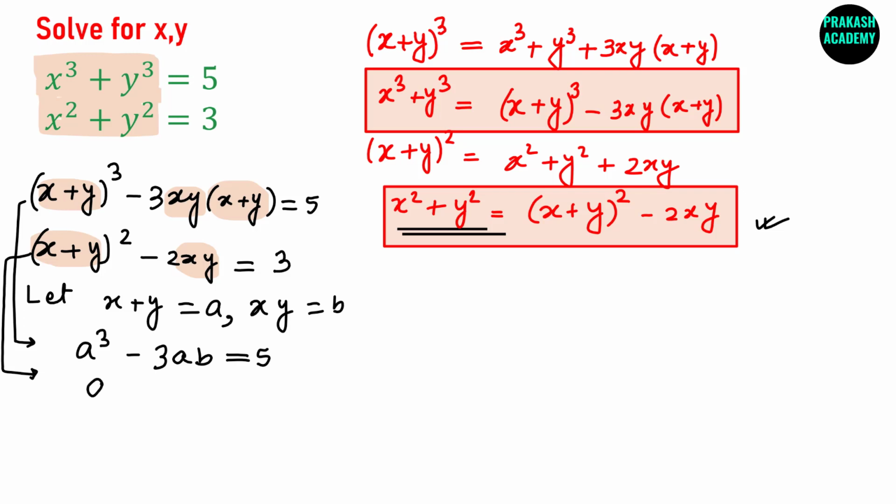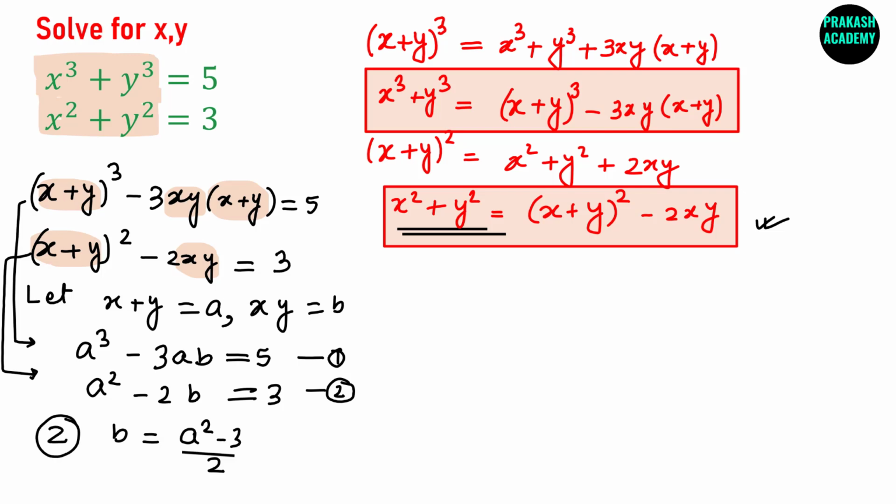This will become a square minus 2b is equal to 3. So now I have two equations and two unknowns, and we can solve. So from equation 2 I can say b is equal to a square minus 3, divided by 2.